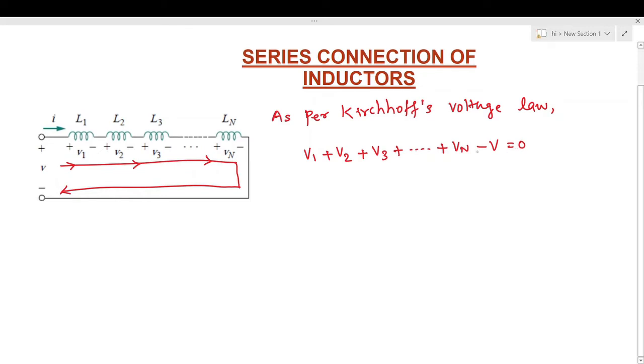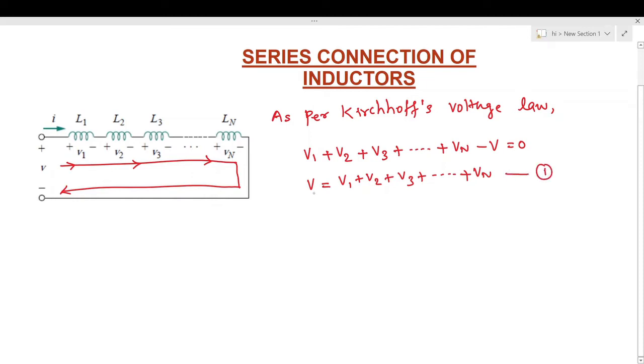On further simplification, the negative voltage term can be transferred to the right hand side of this equation, so the equation will become V is equal to V1 plus V2 plus V3 and up to Vn. Say this is equation number 1.